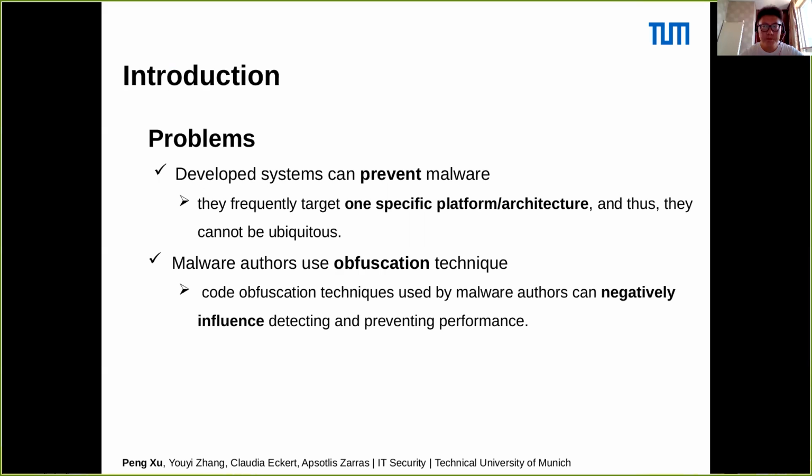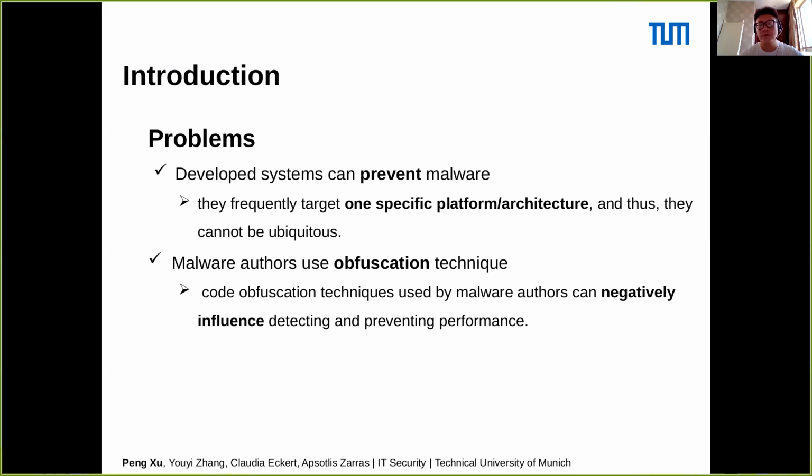One primary challenge is that we need one common malware detection system for different types of devices and different types of platforms. The other challenge is obfuscation technology. Currently, more and more malware authors are using obfuscation technology, which could negatively influence the existing malware detection systems.